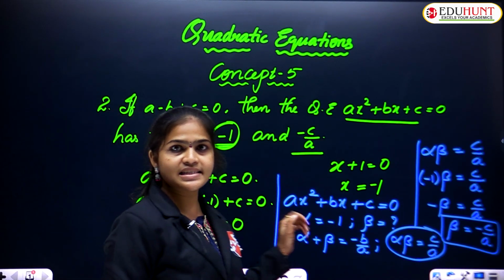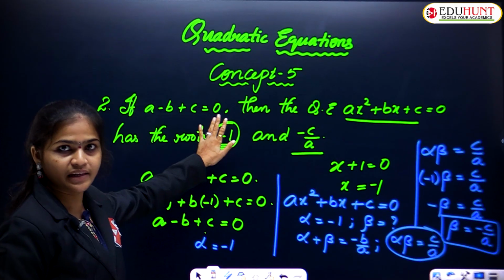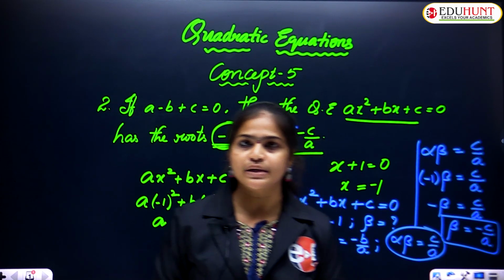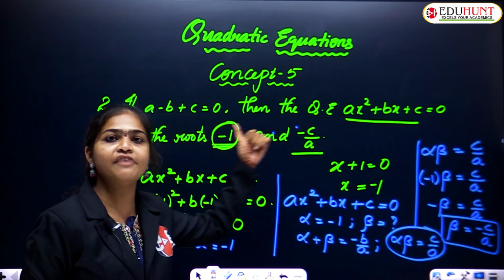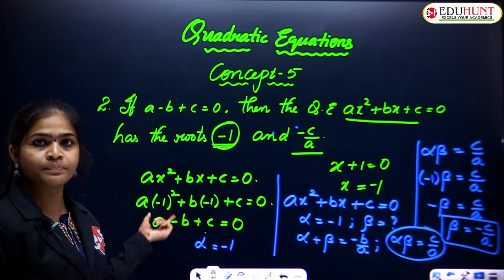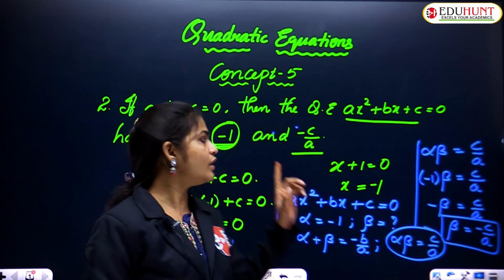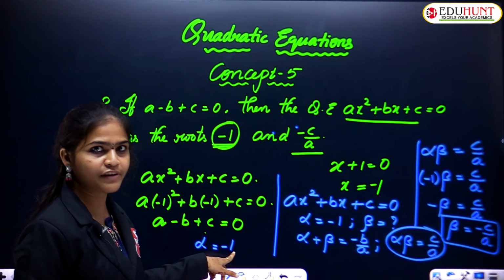So children, did you understand this? So if a minus b plus c is equal to 0 for the quadratic equation ax square plus bx plus c is equal to 0, then when it satisfies this condition, it means x is equal to minus 1, and that is one of the roots, alpha is equal to minus 1.